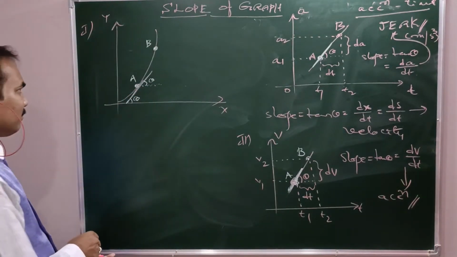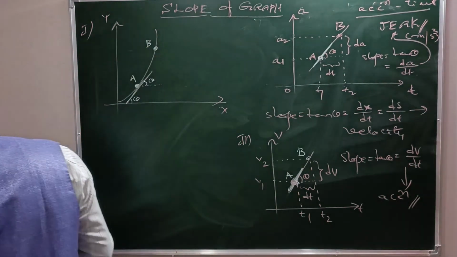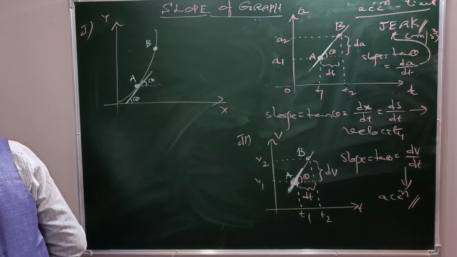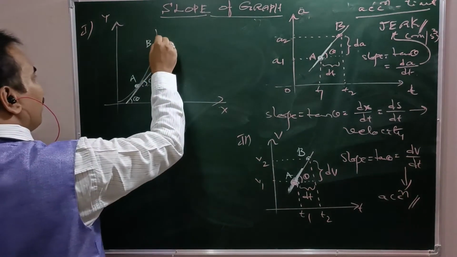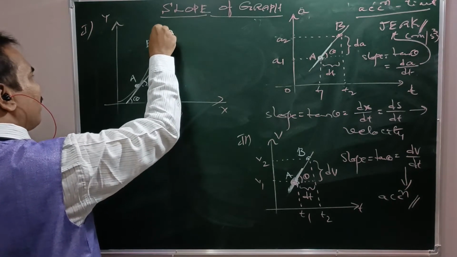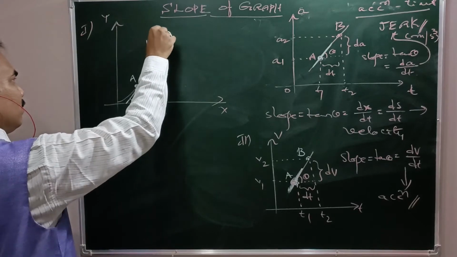Similarly, if I take one tangent somewhere here, drawn at point B, this would be the tangent.